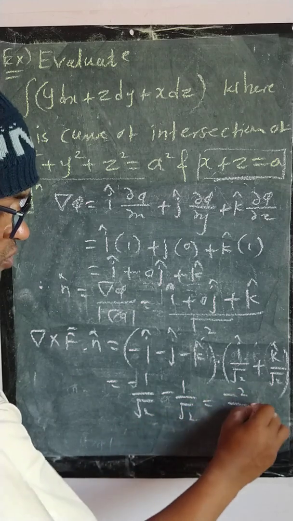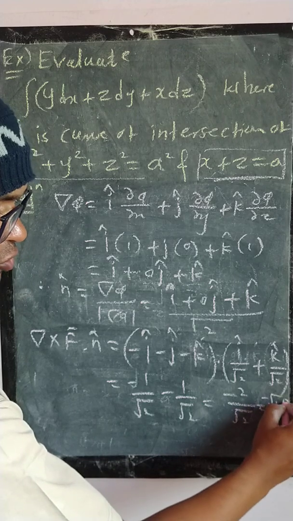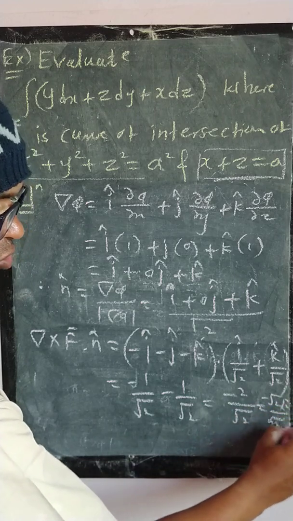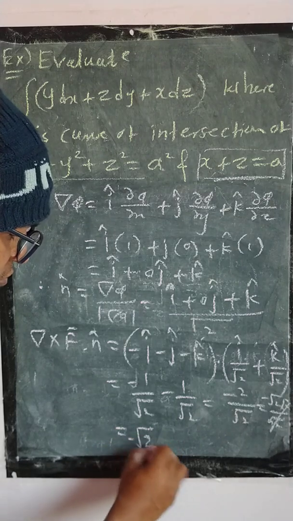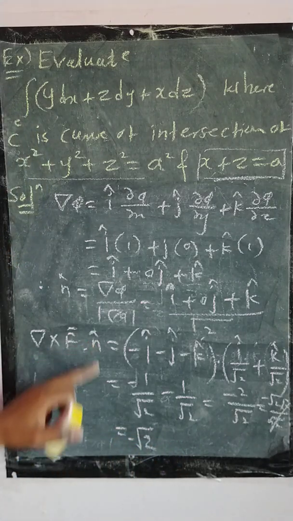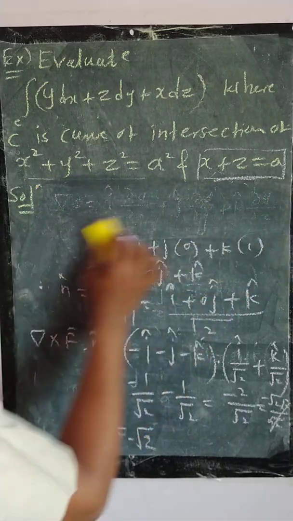So that is minus 2 by root 2, but 2 can be written as root 2 into root 2, so one root 2 gets cancelled. Therefore it is minus root 2. So the value of del cross f bar dot n cap is minus root 2.